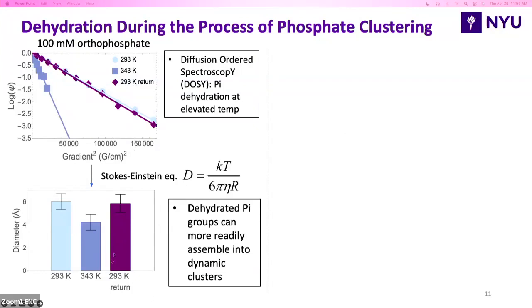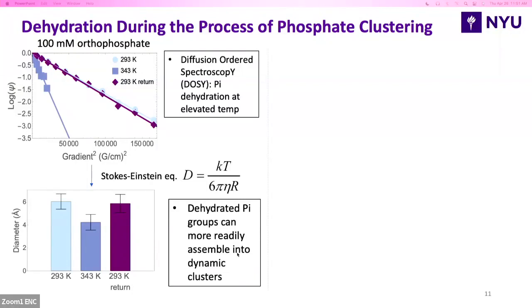And we can see here the results show great reversibility and also a significant decrease of the hydrodynamic diameter at higher temperatures. Therefore, we hypothesize that the phosphate ions are experiencing partial dehydration with increasing temperature, and the dehydrated phosphate groups can more readily assemble into dynamic clusters.